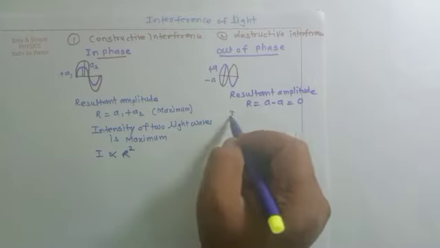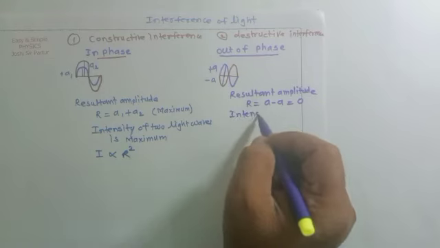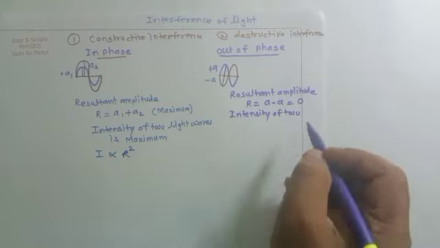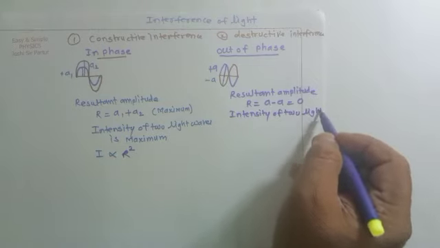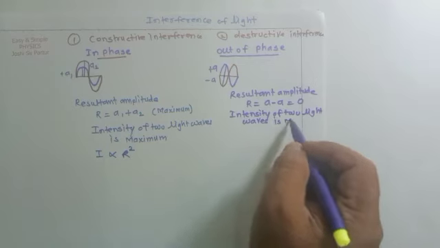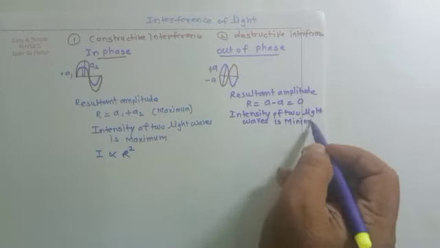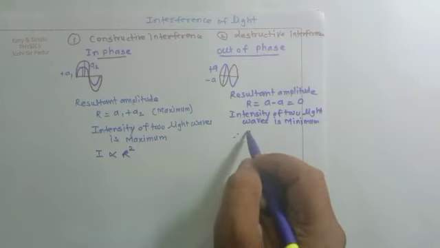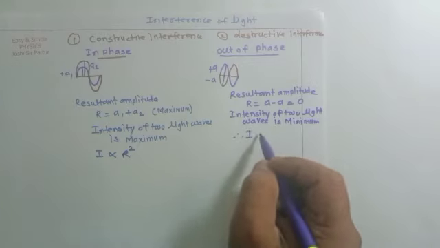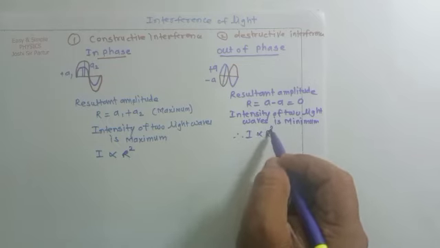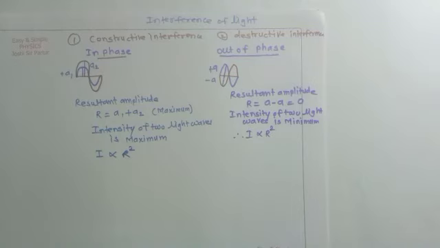Means intensity of the two light waves is minimum. If amplitude is minimum, intensity is also minimum. Therefore, intensity is directly proportional to square of amplitude.